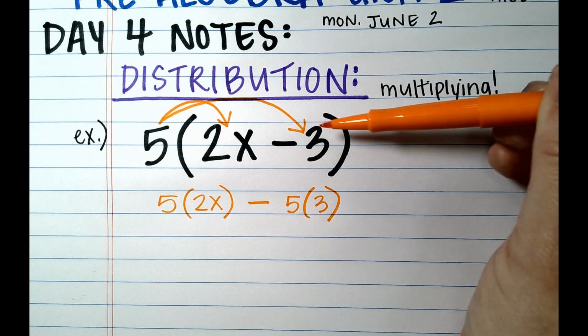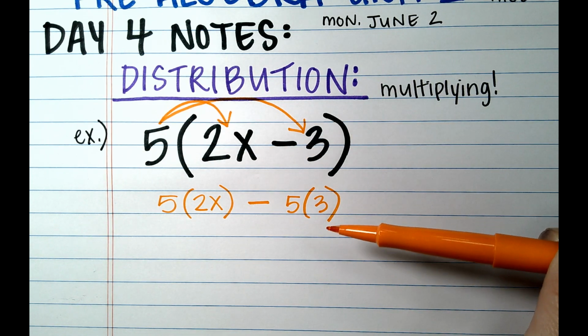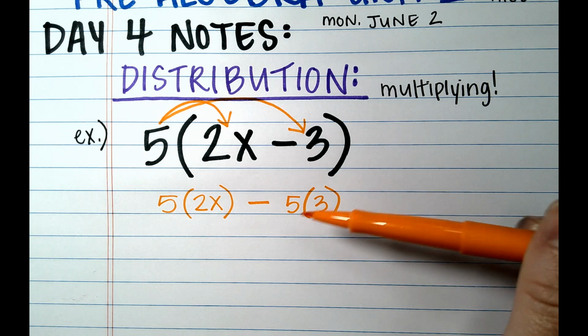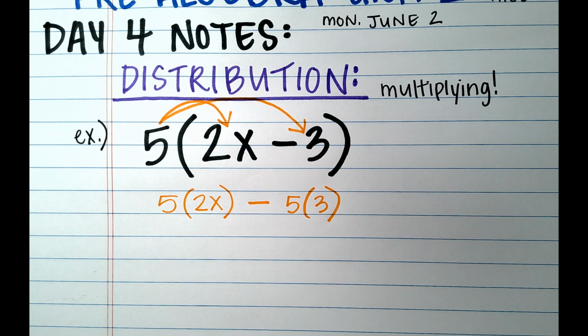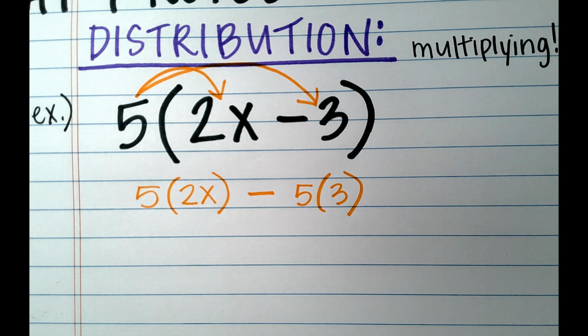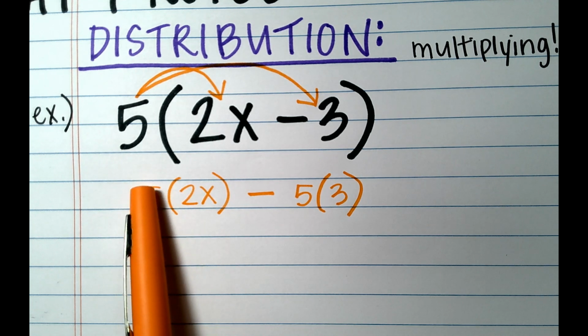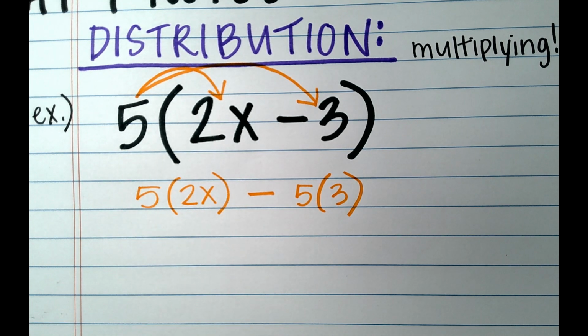So we went from our original problem here to here. Now we have 2 separate multiplication problems. What do you think 5 times 2x is? 10x.